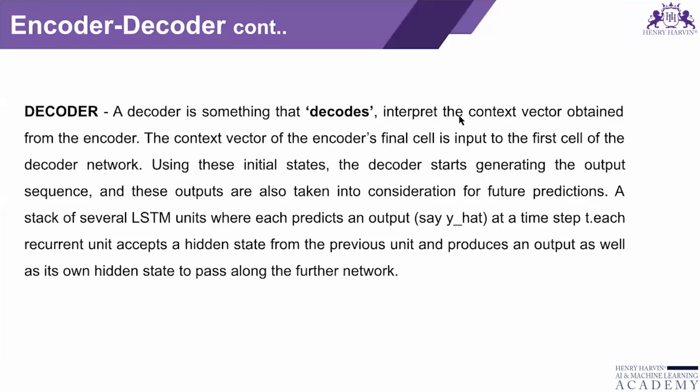So the decoder interprets the context vector obtained from the encoder. The context vector of the encoder's final cell is input to the first cell of the decoder network. In this context vector, whatever the important text or words are, it will calculate the frequency, and how often each word comes up.